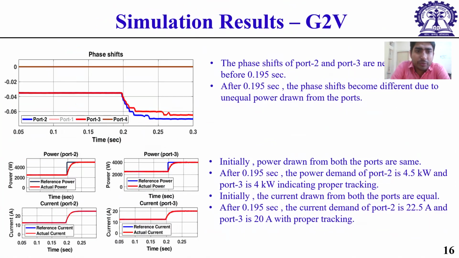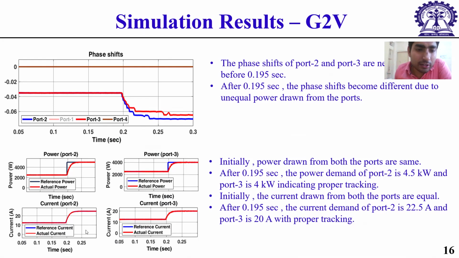This is my simulation results. I want to do basically three modes of operation, that is grid to vehicle, vehicle to grid, and vehicle to vehicle mode of operation. In the grid to vehicle mode of operation, we can see that the port 2 and port 3, that is the output ports, the power is delivered from port 2 and port 3 very smoothly.